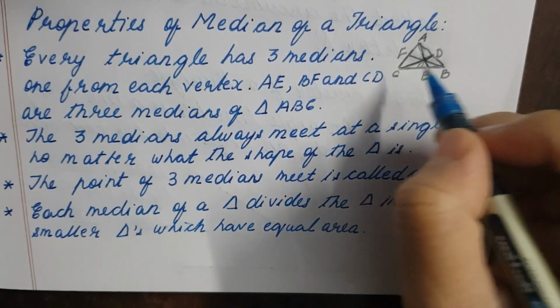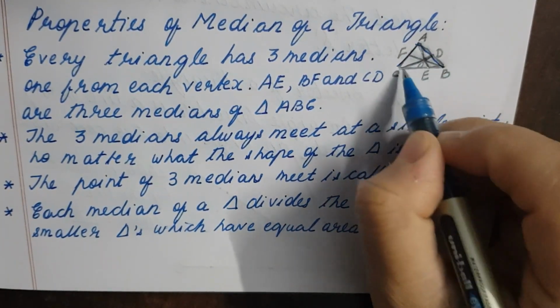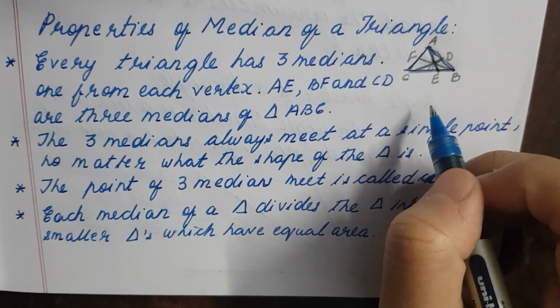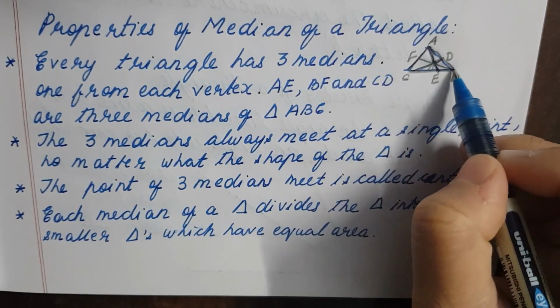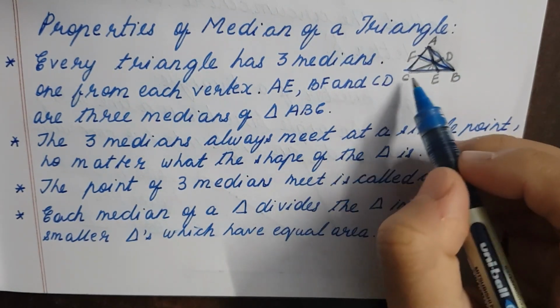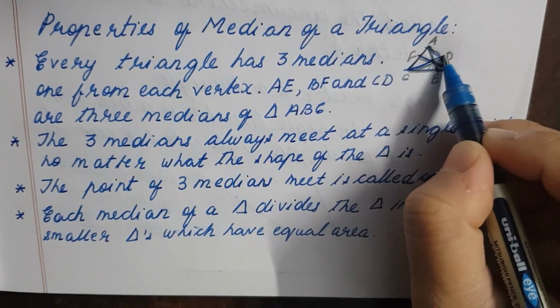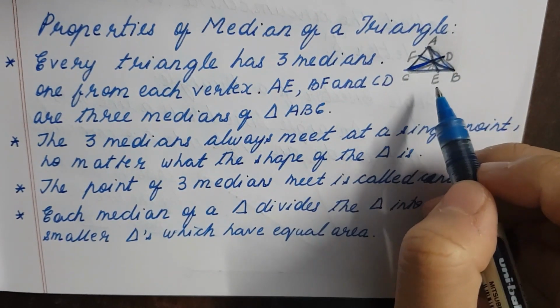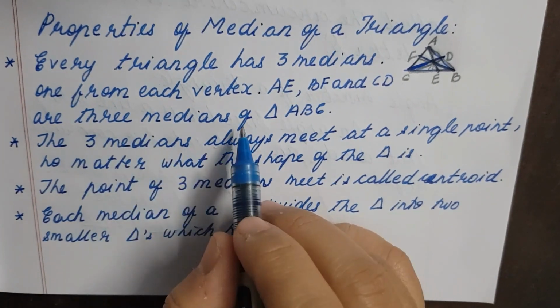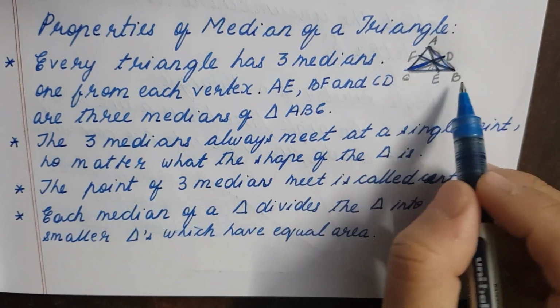So now look here, this is one triangle. In this triangle AE is one median, okay, and then from here there is a line segment BF, and similarly from here there is a line segment CD. So they are saying AE, BF and CD are the three medians of triangle ABC.